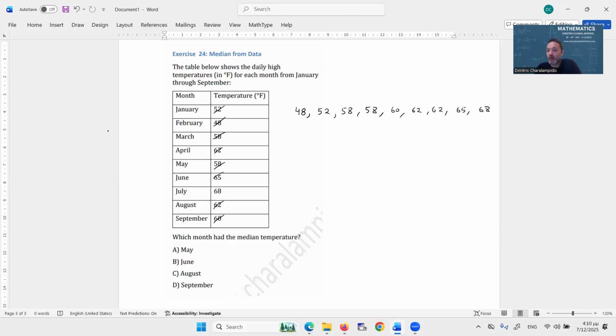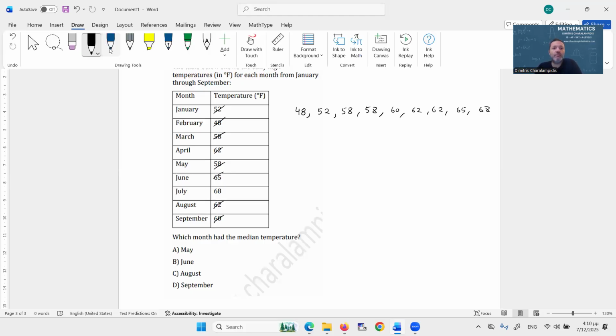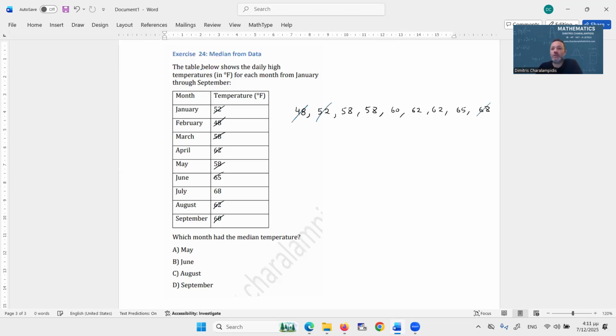Once we have our values in order, we should begin by crossing out the smallest, the biggest, smallest, biggest, smallest, biggest, smallest, biggest. If we have one remaining in the end, that should be the median. So right now the median is 60, which is related to September, and the right answer would have been D.